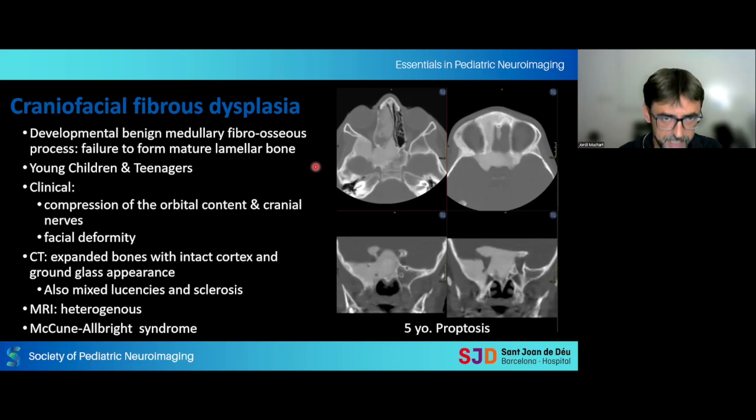In later stages of the disease, it also becomes mixed with lucencies and sclerosis. The clinical presentation starts with compression of the orbital contents and cranial nerves, as well as facial deformity sometimes. It's something that we commonly diagnose in young children and teenagers. By MRI, you can have a heterogeneous appearance, and it can be related to some syndromes like McCune-Albright syndrome.